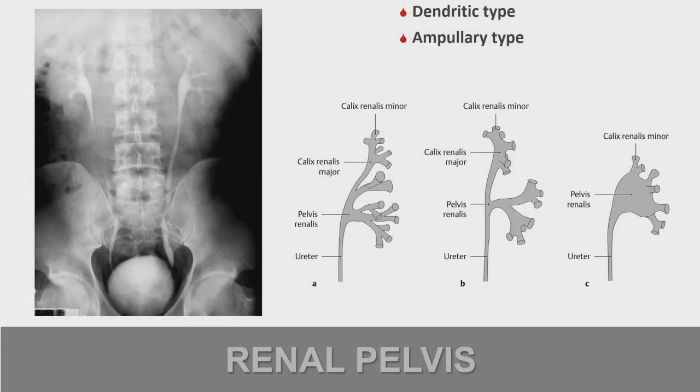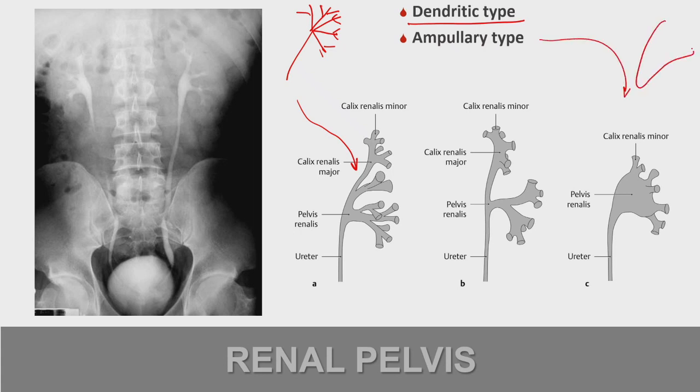Renal pelvis could have different shapes. We have two main types: dendritic, which is typically arborizing, like a tree, from dendros and arbor, and on the opposite side is ampullar-like, so more conic, more spacious.